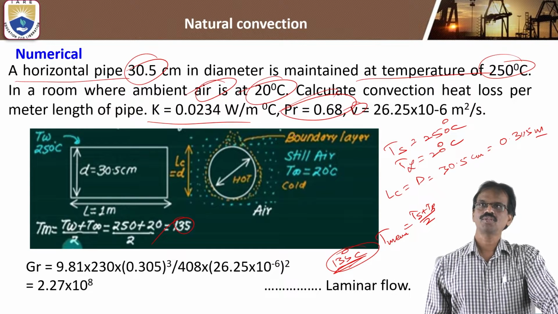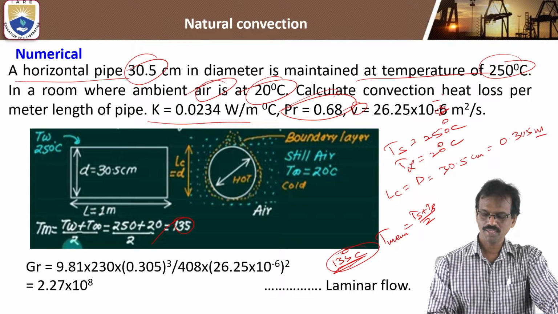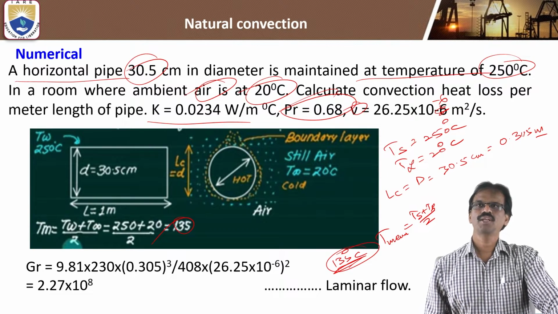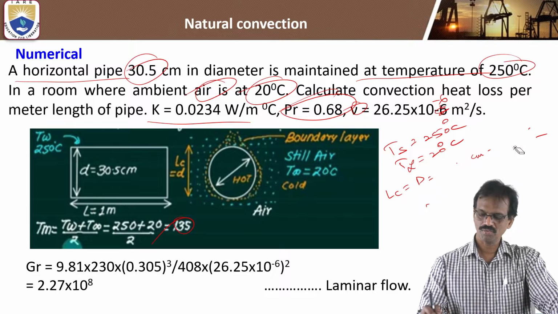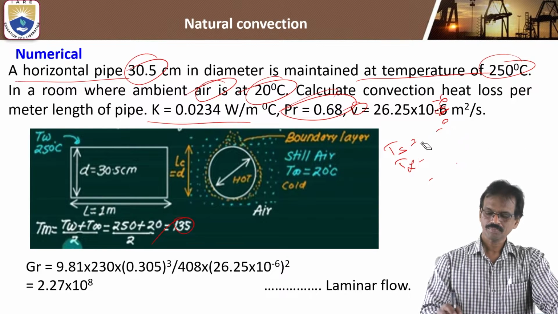Kinematic viscosity is 26.25 into 10 to the power of minus 6 meter square per second. The properties are given in the numerical; otherwise, you have to identify the properties from the data book.